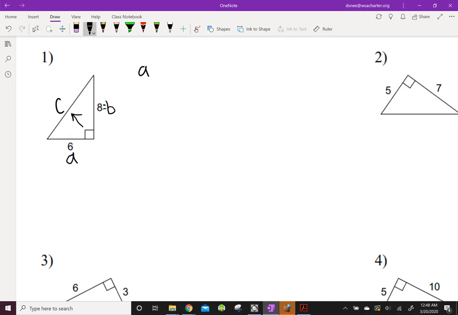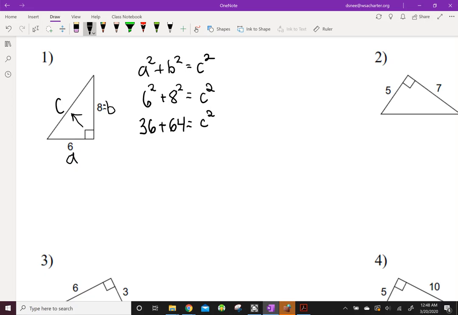Okay, so A squared again plus B squared equals C squared. And we're just going to fill in what we know. A is 6, so 6 squared plus B, we said was 8, so 8 squared equals C squared. And this is where we get back to applying all of those things we were practicing yesterday and earlier. 6 times 6 is 36, plus 8 times 8 is 64, and that equals C squared.